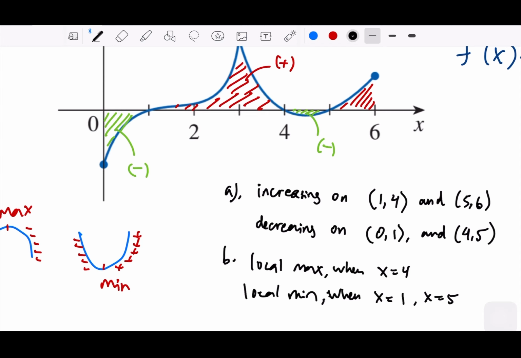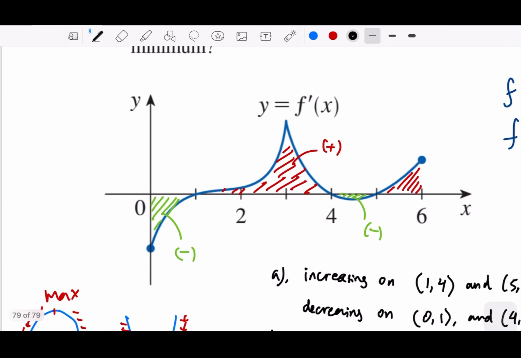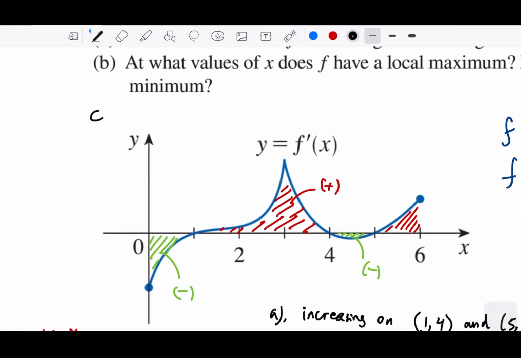And if the question changes, not f prime, maybe f double prime, you need also to think how to resolve this. Or maybe if the question is asking about the concavity, maybe I add more questions. Maybe C, concavity.